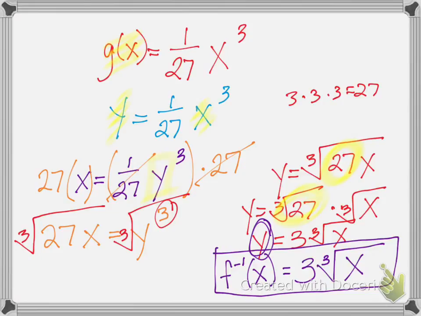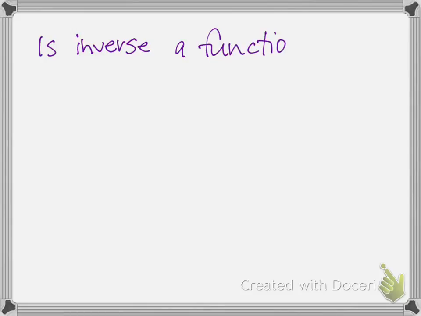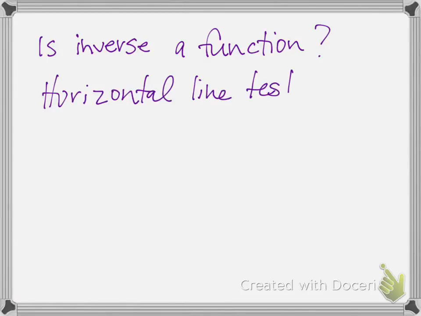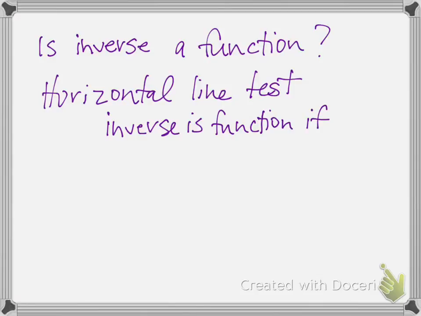Then finally, if the question says, is the inverse a function? You have this thing called a horizontal line test. So a horizontal line test is used to see if the inverse is a function, if passed.